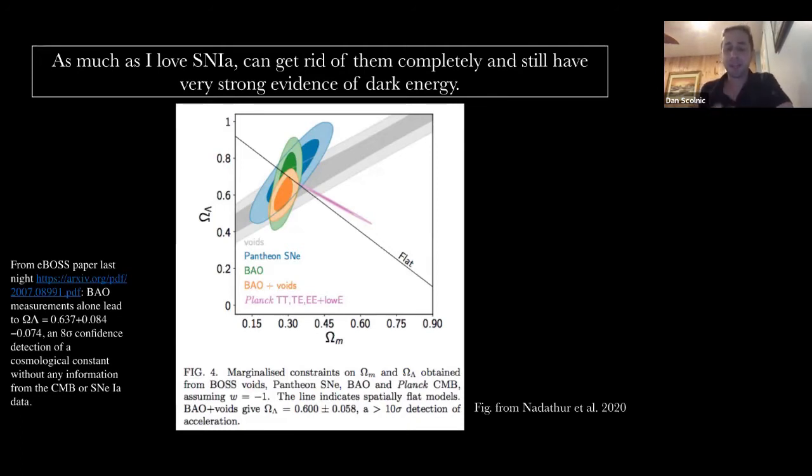And then Planck itself, when you're combining all its temperature and polarization measurements, also significantly prefers a non-zero omega lambda. And actually from this eBOSS paper that came out last night, there's a really nice statement: BAO measurements alone lead to omega lambda 0.637 plus or minus 0.08 or so, an 8 sigma confidence detection of a cosmological constant without any information from the CMB or supernova data.